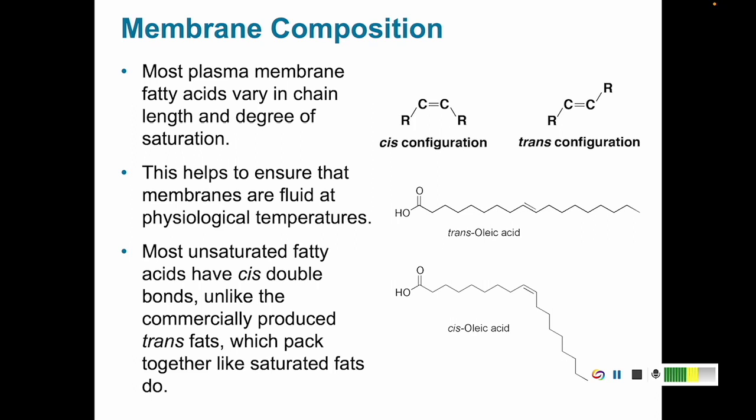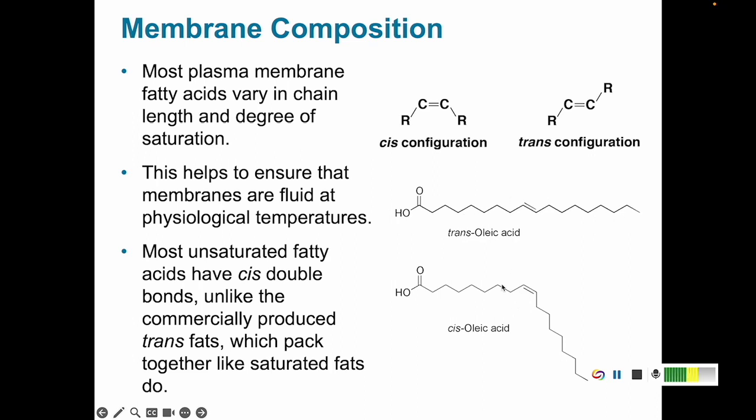Membranes can also vary in what kind of saturation they have. They can have a cis double bond, where the rest of the fatty acid tail is on the same side, or a trans double bond, where the rest of that fatty acid tail is on opposite sides. So a trans is going to give you something like this, which is pretty similar to that saturated shape.